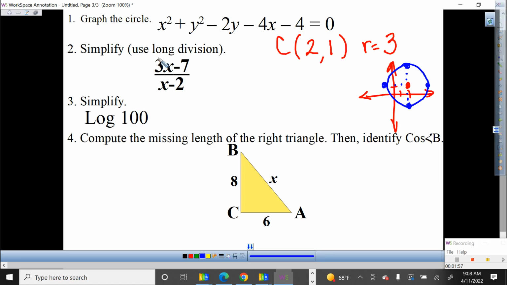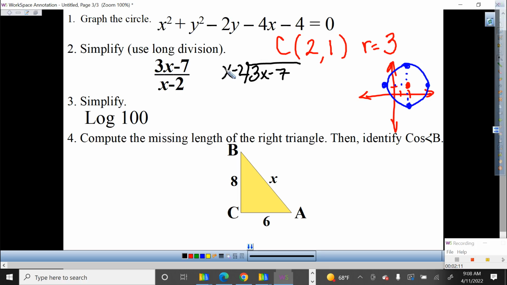Number 2, long division. I'm going to go over this one just to alleviate some of the anxiety. 3x minus 7 divided by x minus 2. The numerator always goes inside as the dividend.